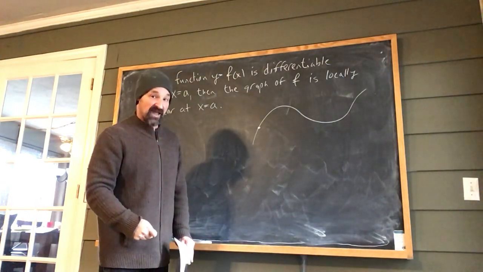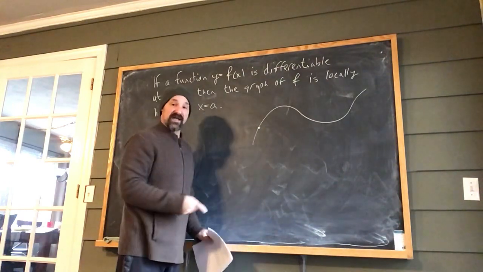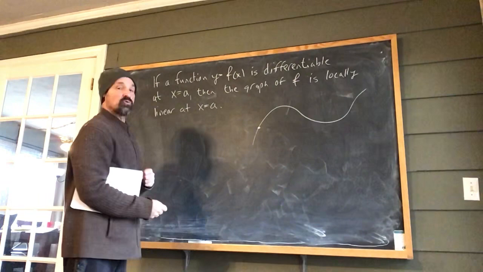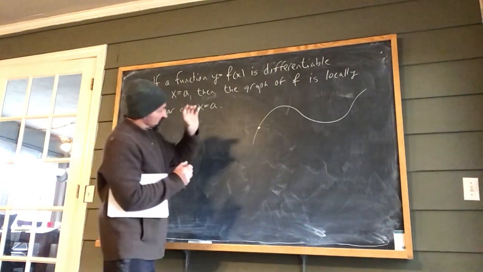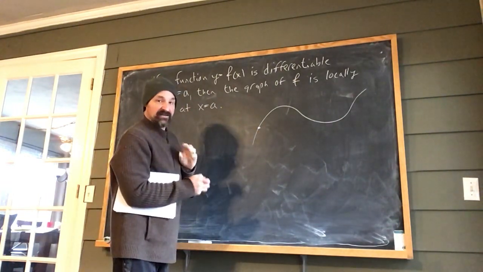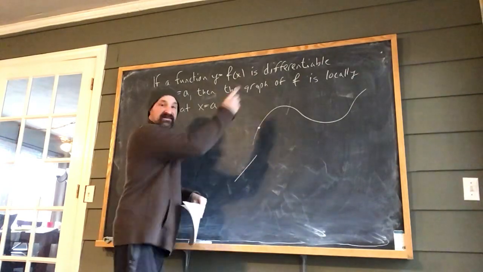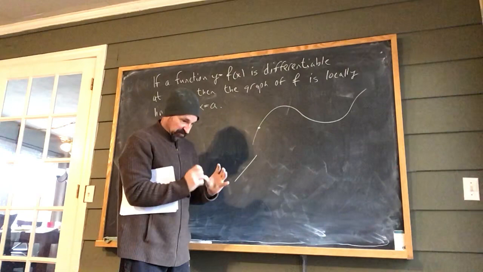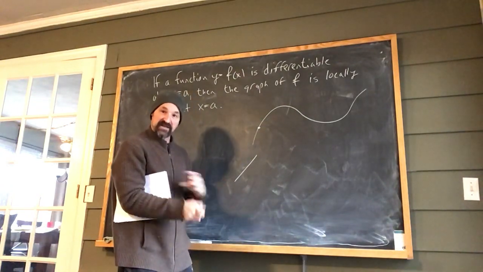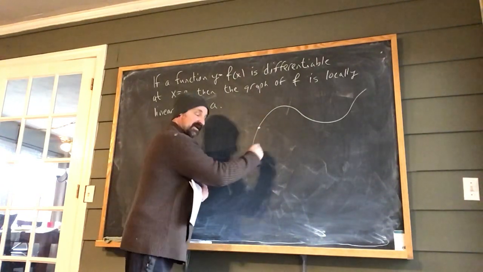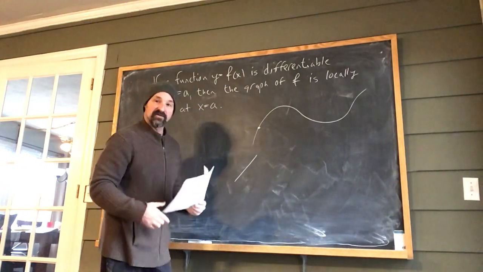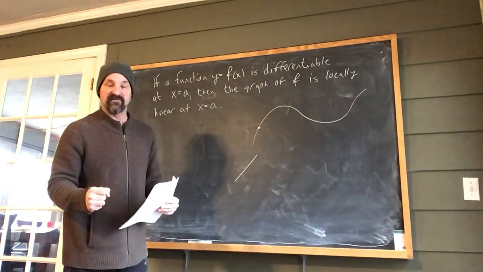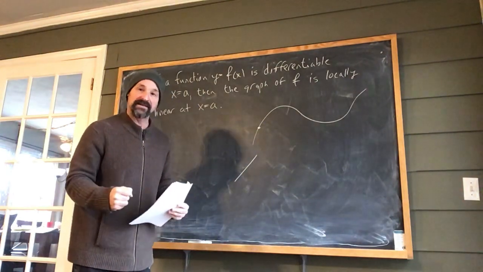It starts to resemble the tangent line there. So that's what it means to say that the graph is locally linear at that point. Go into Desmos, put in some polynomial, and then just keep zooming in, and zooming in. And what you're going to see is a straight line. So if a function is differentiable at a point, then the graph of that function at that point is locally linear.